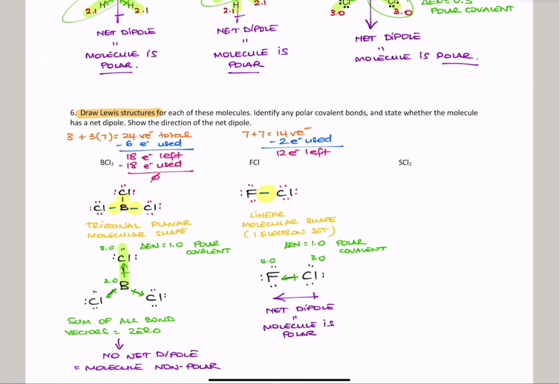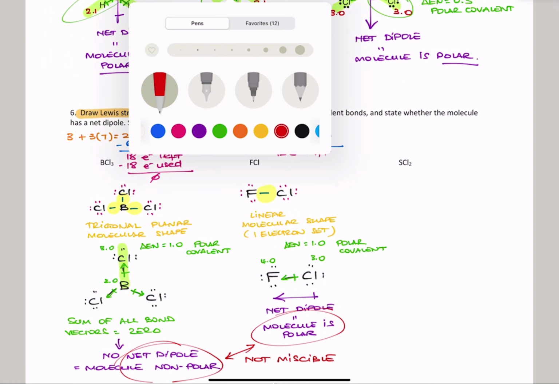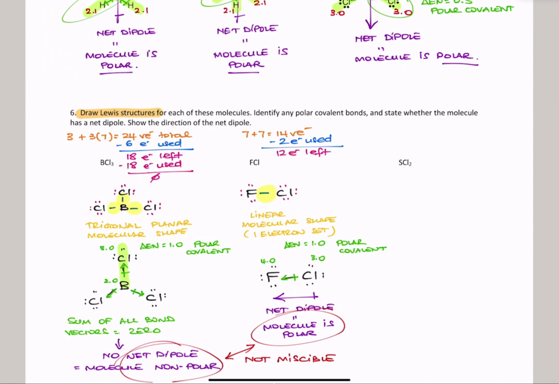And why is this important? Since BCl3 is nonpolar and FCl is polar, these two molecules are not miscible. On the other hand, now let's take a look at SCl2, 6 electrons for S. Each chlorine brings 7 for a total of 20 valence electrons.